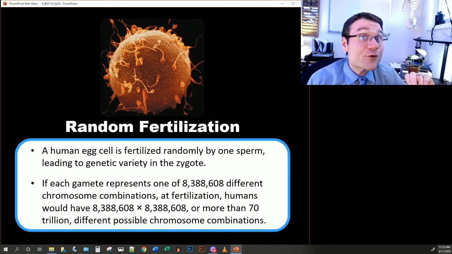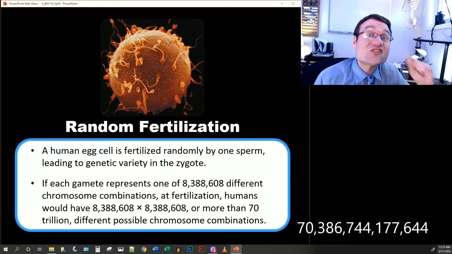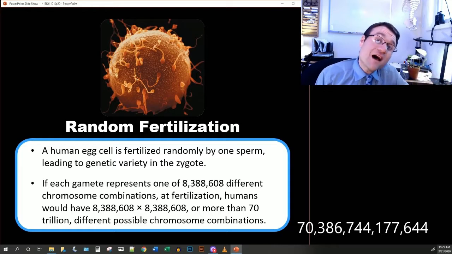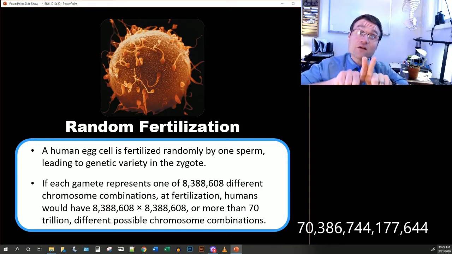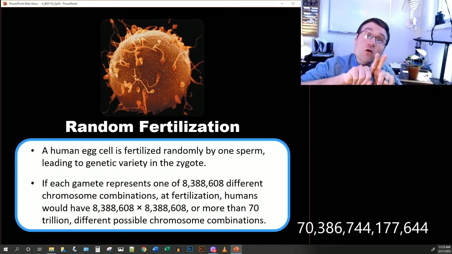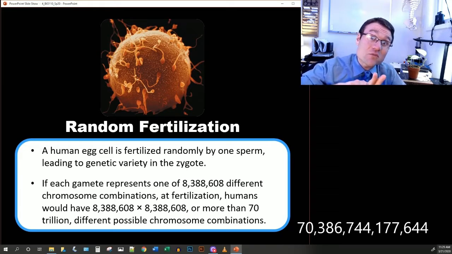If you multiply those 2 numbers together, you find there is over 70 trillion different possible chromosome combinations. That is, any 2 human beings that are trying to create an offspring together, there are over 70 trillion different combinations of chromosomes that their offspring could have.